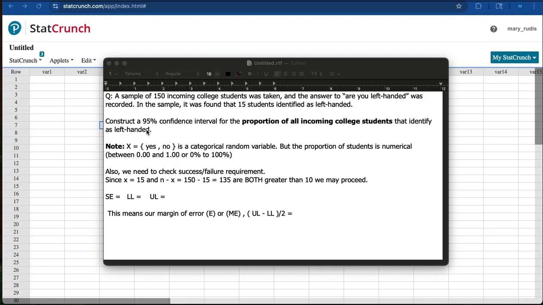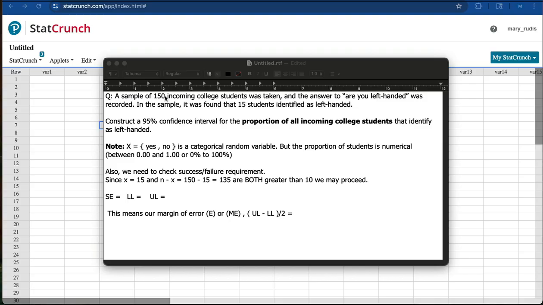So we need to make the assumption that these 150 are representative of the overall population of incoming college students. That needs to be stated somewhere, that we assume that the random sample of 150 incoming college students is truly representative of the entire population of all incoming college students.